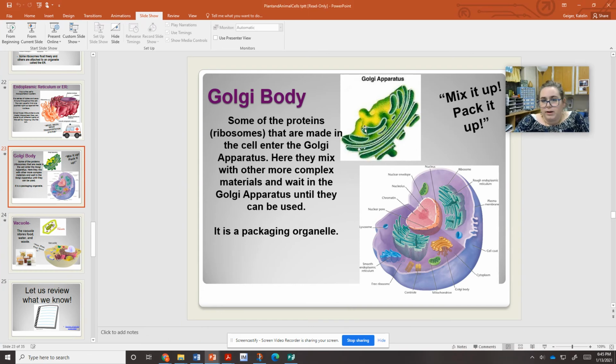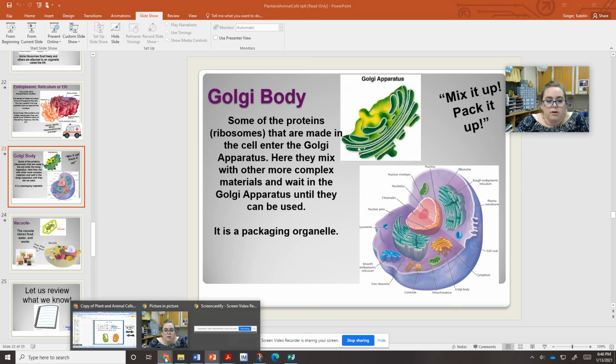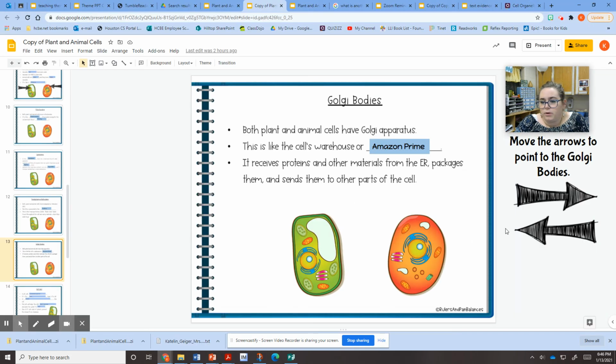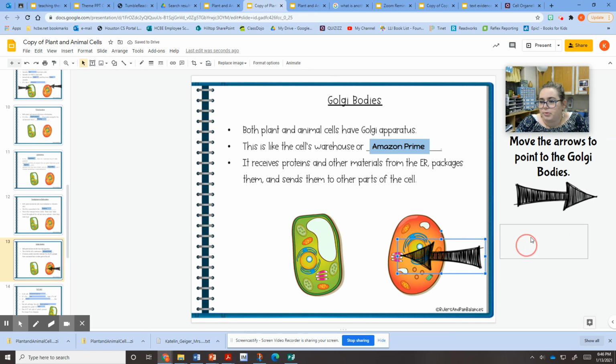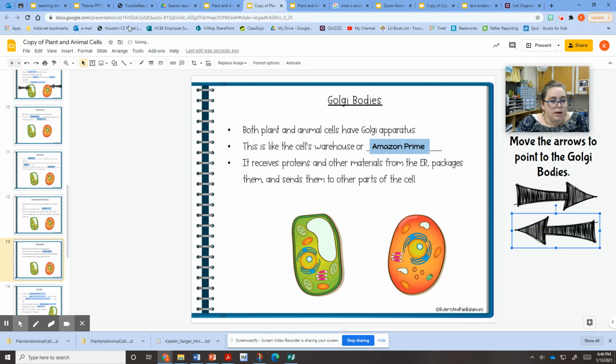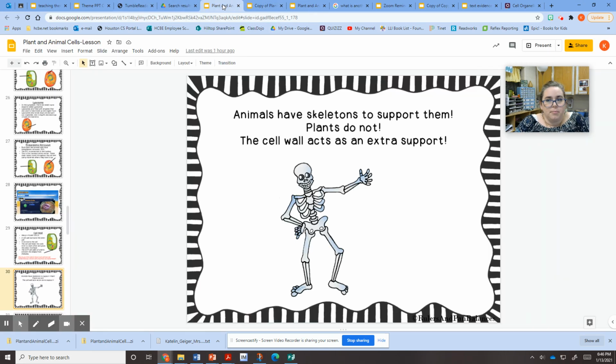So you can see what it kind of looks like here when it's pointing at it in our cells. It's these orange little lovely back and forth looking things. So if we were to look on this here and we're asking where do we point, this is going to be our Golgi body right there. These little pinkish things. All right, back to the slideshow.